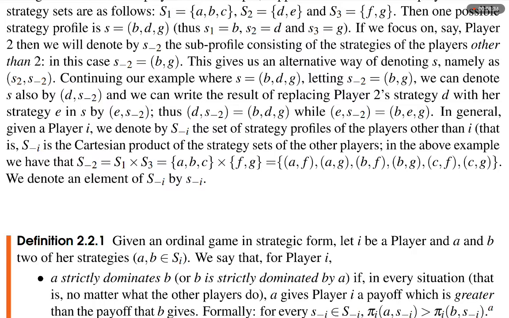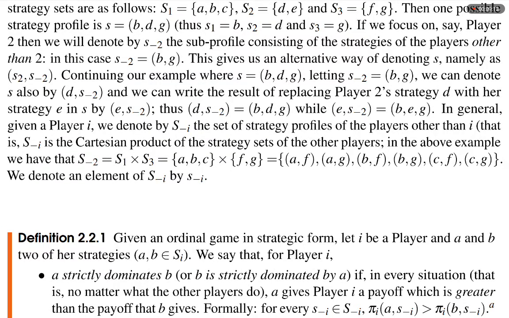If we focus on, say, player 2, then we will denote by S sub negative 2 the sub-profile consisting of the strategies of the players other than 2. In this case, S sub negative 2 equals (B, G). This gives us an alternative way of denoting S, namely as the ordered pair S sub 2 and S sub negative 2.